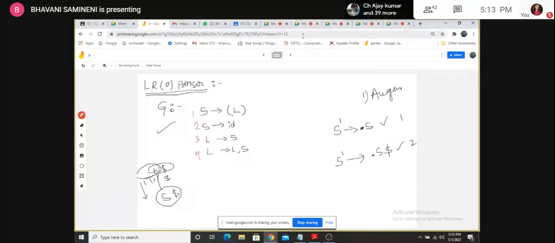So let me take this: open parenthesis, ID, comma, ID. Is the grammar going to generate this string? Yes or no? Can you cross-check?